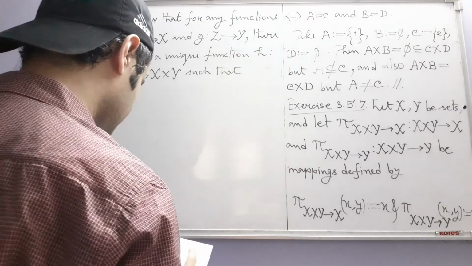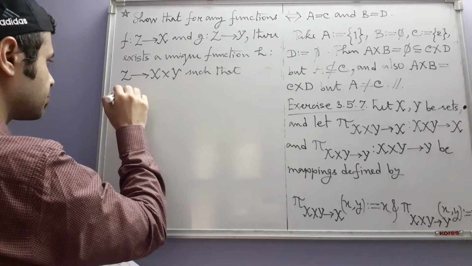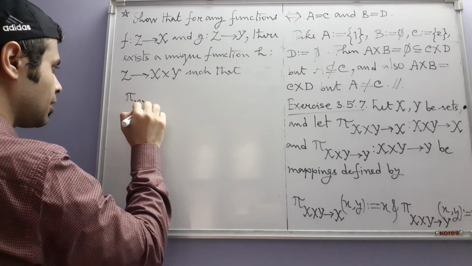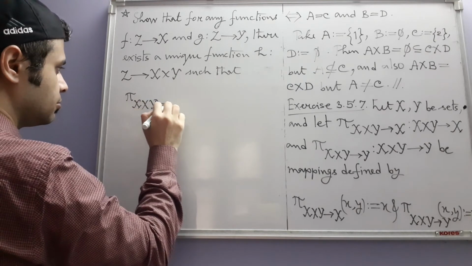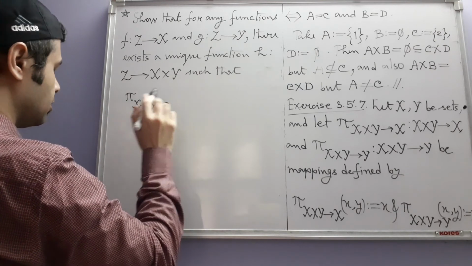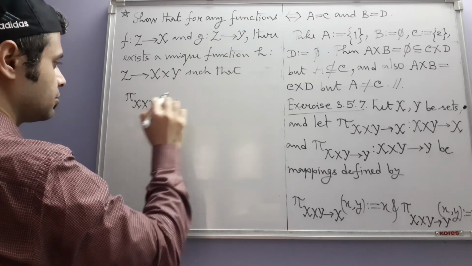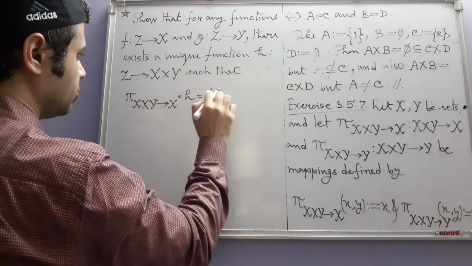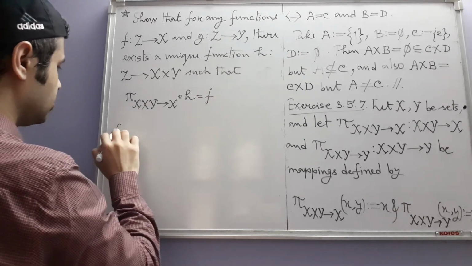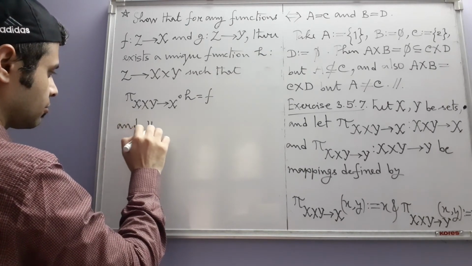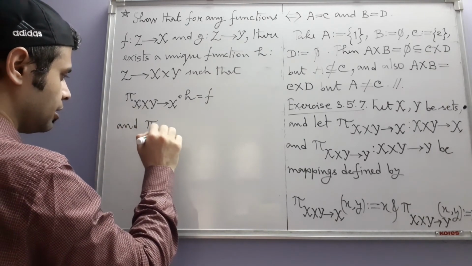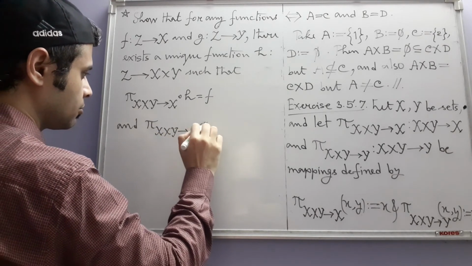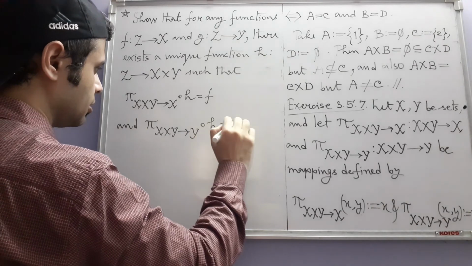such that pi x cross y to x composition h is equal to f, and pi x cross y to y composition h is equal to g.